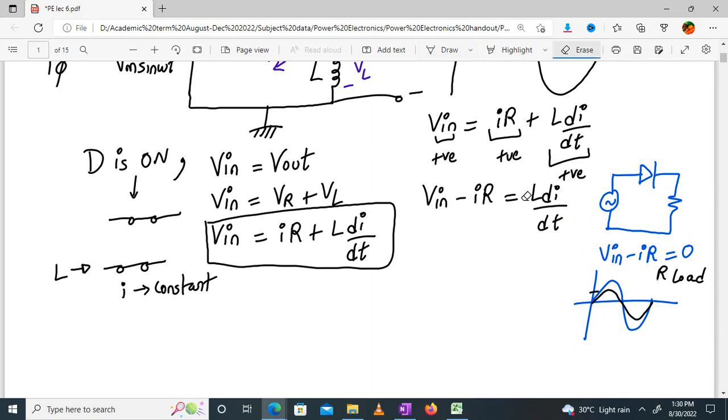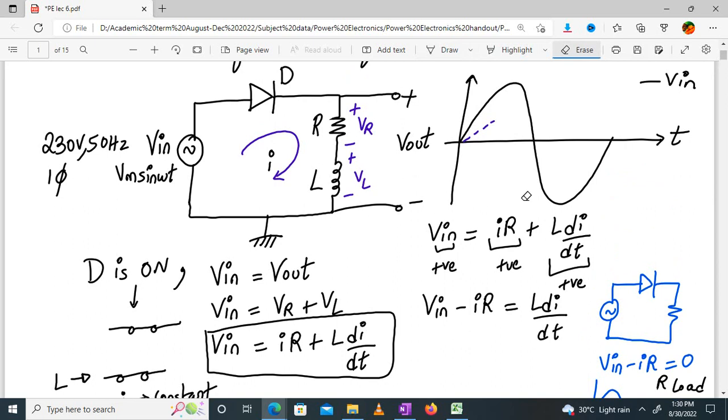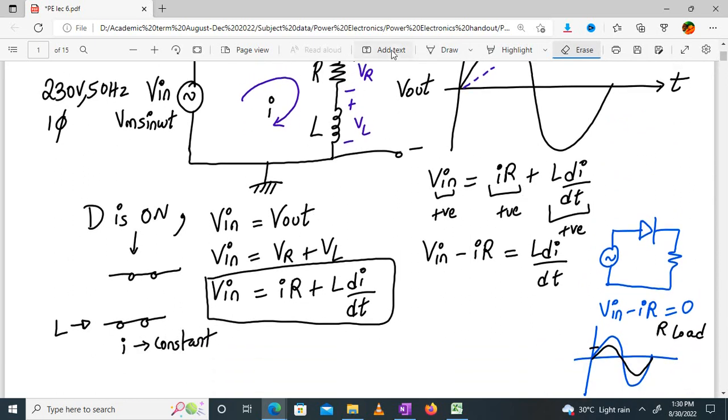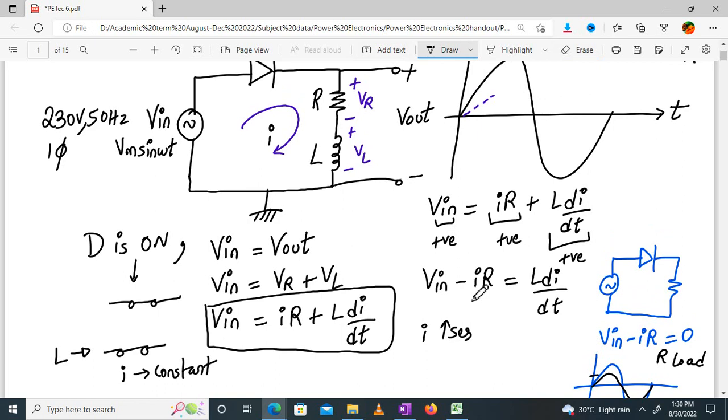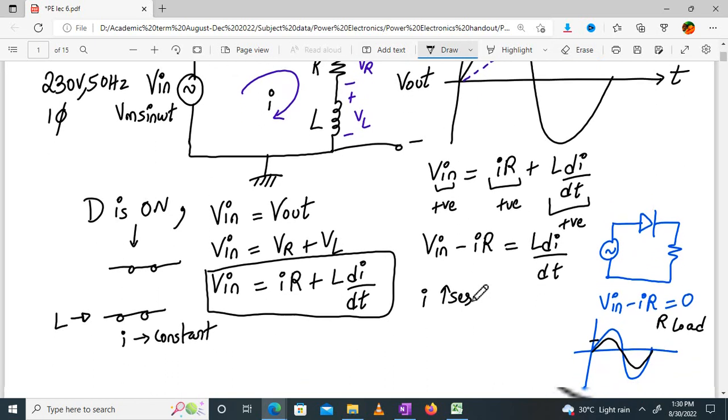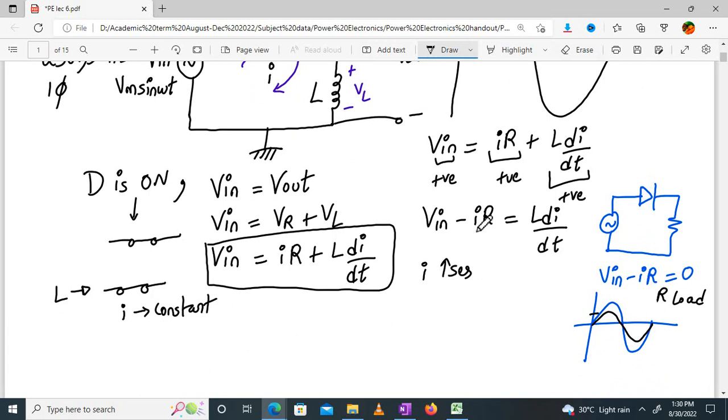Okay, now in our case we have L also. Now let's see what L is doing. The current is increasing, so I is increasing slowly. Now I is increasing, it will reach a maximum value. When it reaches a maximum value, as I am increasing the value of I, what will happen? My V in minus IR will approach 0.